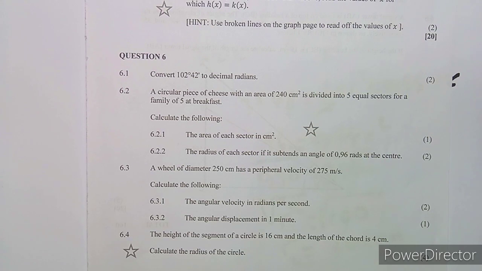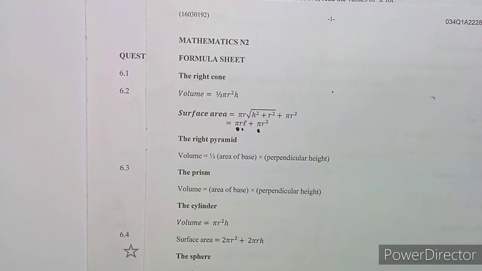Okay, a wheel of diameter 250 centimeters has a peripheral velocity of 275 meters per second. Calculate the angular velocity in radians. Wow, these are the formulas you'll be given, guys, about this. And let me see if I'm still having it here. I don't know how I ended up losing the other part of the formula sheet here, but anyways, okay, it's there.